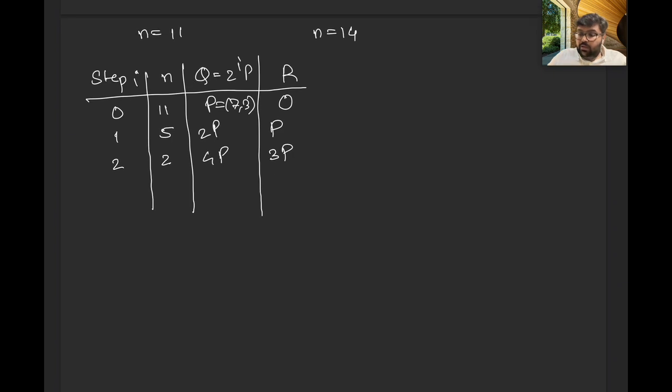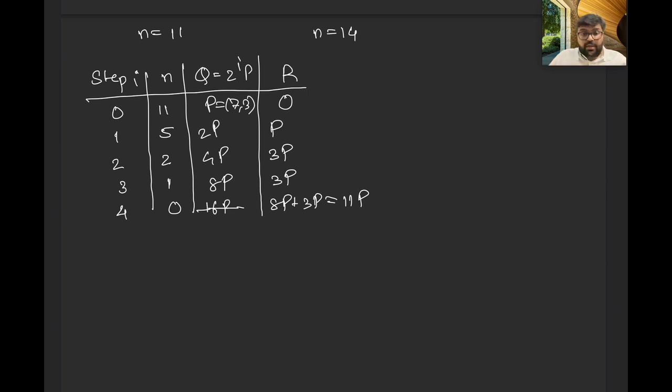Then in the third step, divide by 2, quotient is 1, remainder is 0, don't do anything, just write 3P here, compute 8P. Finally, fourth step, quotient is 0, remainder is 1, then add this, so 8P plus 3P, we add whatever the point is, and we get 11P. And 16P we don't need to compute actually, so we leave it blank.